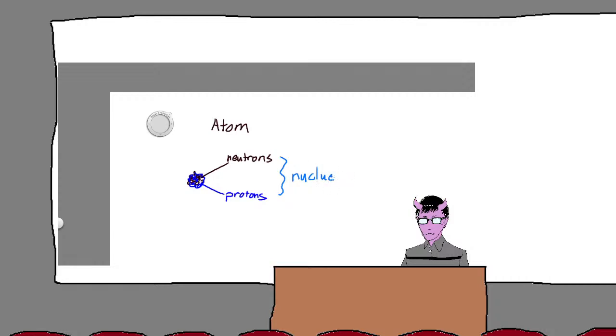Wait, that's not right. I forgot how to spell. This isn't spelling or English class, so this looks weird. Let's delete that. I think this is correct. Okay, that looks correct.